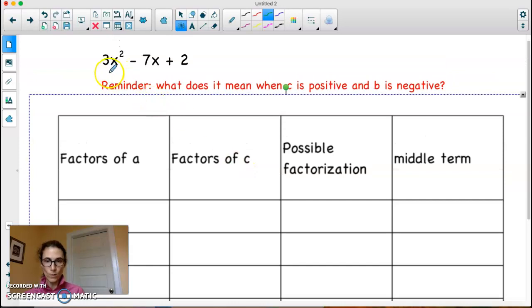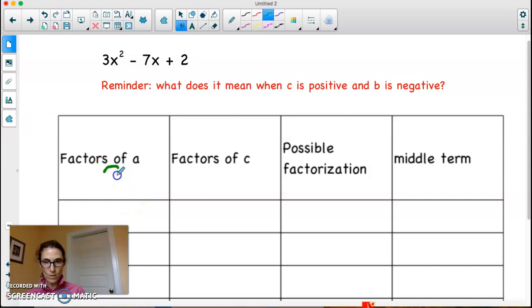So we're looking for factors of A, which is 3, and factors of C, which is 2. But we need two negative numbers.